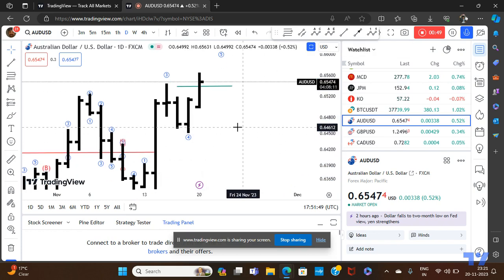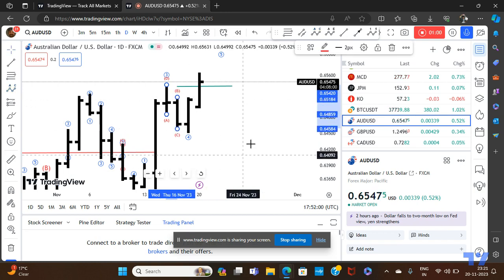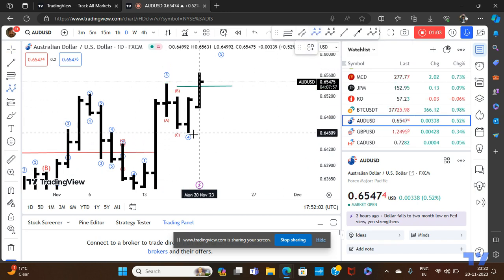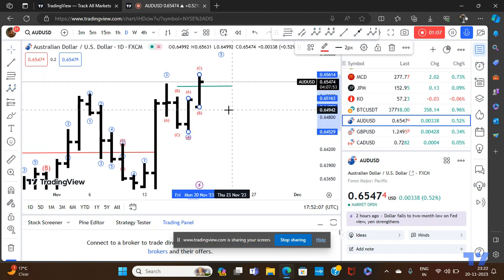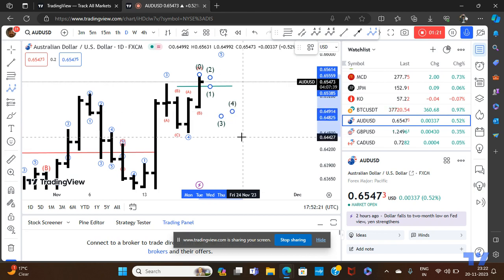Wave 4 is looking like an expanded flat correction to me. It has A, B, C, first wave, and then A, B, C. Now we should have 1, 2, 3, 4, and 5.